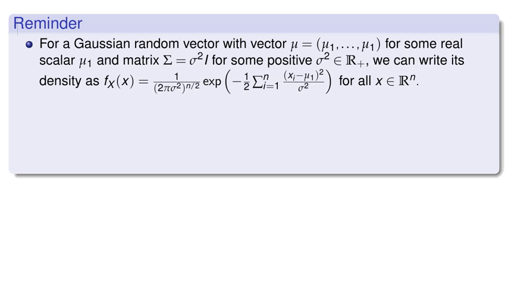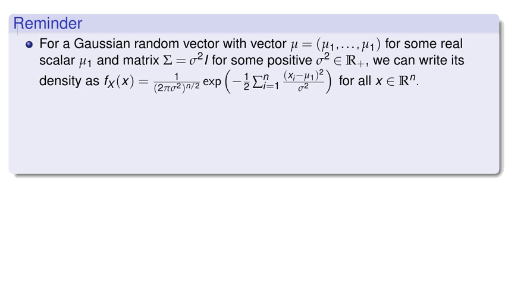As a specific example, consider a Gaussian random vector where the mean vector mu has all components equal to some scalar mu1 and the covariance matrix sigma is sigma squared times the identity matrix I, for some positive scalar sigma squared.